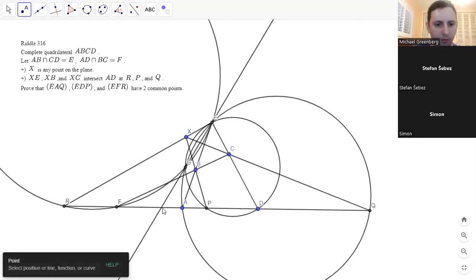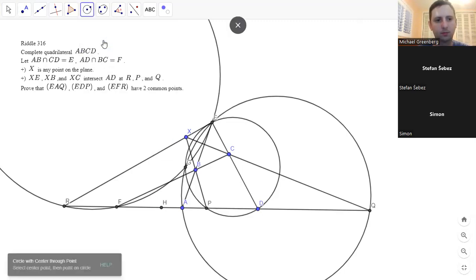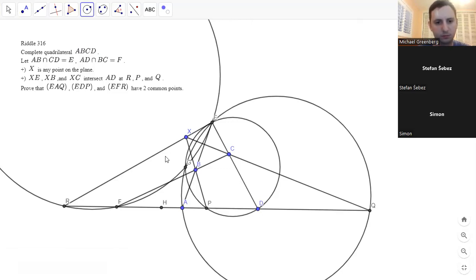All right. So I'm going to hide this. Okay, so an inversion about here swaps A and P, swaps D and Q, swaps F and R. And so we know that this point H exists and that we have that inversion. And then it is quite easy to see they are coaxial, since we know one point which has the same power with respect to each circle.